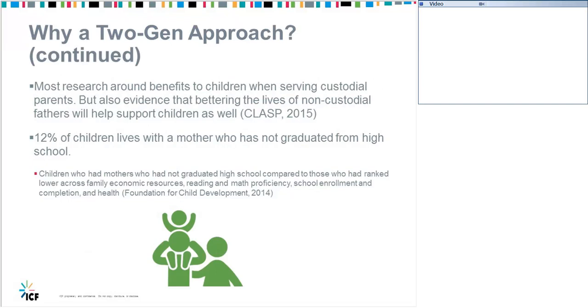So initially there was a focus primarily on custodial parents, but then as the movement continued, up into the 2015 research, there was a conversation about how non-custodial parents could be engaged through a two-generation model as well, understanding the demographics of what those populations look like and figuring out how to contextualize program offerings in order to address the very specific barriers facing these families. So connecting folks to programs that would mitigate things like college education so that credentials could be earned and eventually stacked into more professional credentials.